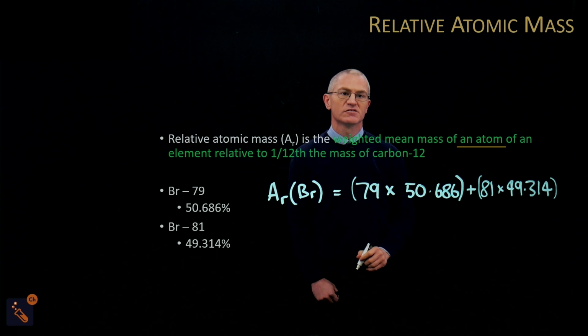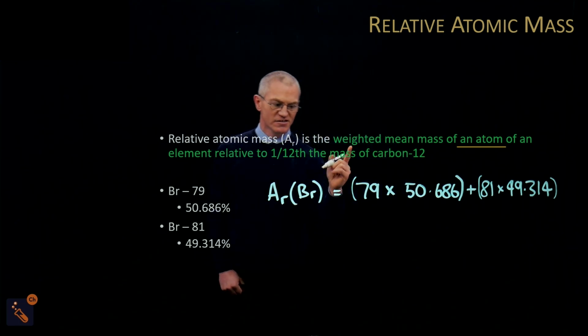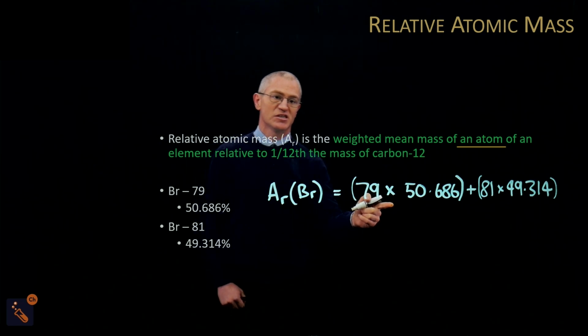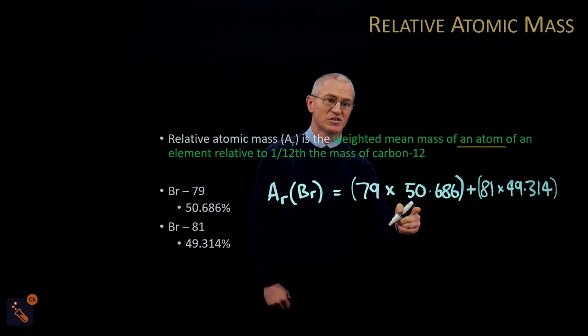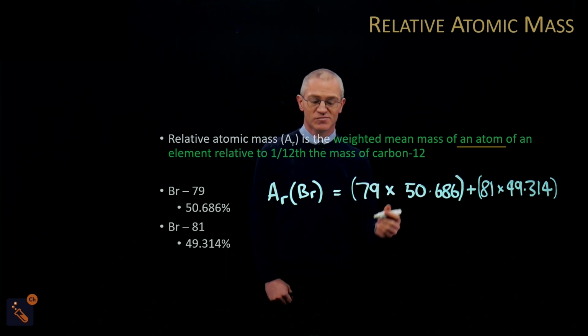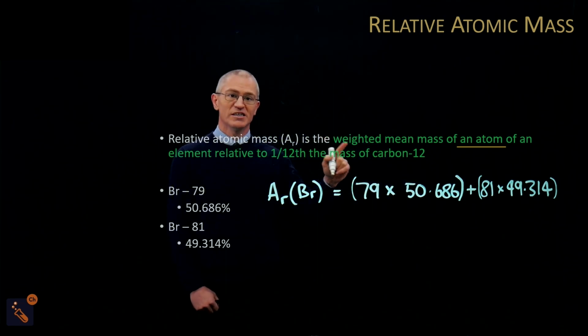So we're taking the relative isotopic mass and timesing it by, for example, the percentage or the number of atoms if we had 100 atoms. So if we had 100 atoms, 50.686 of them would be this. Now, if there's 100 atoms, we have to take an average. Remember, it's a weighted mean mass.